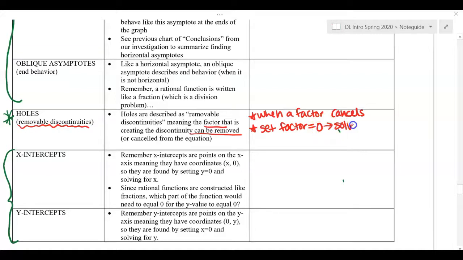and solve for x. So in our example, that x plus 4 had canceled out, so we set it equal to 0, and then we got x is -4. And then you plug in to the new equation to get y.